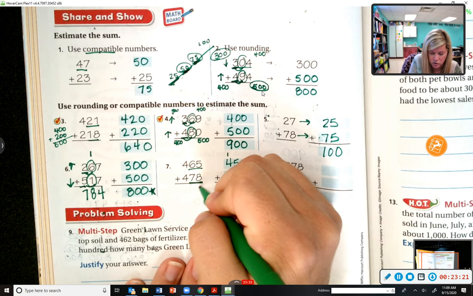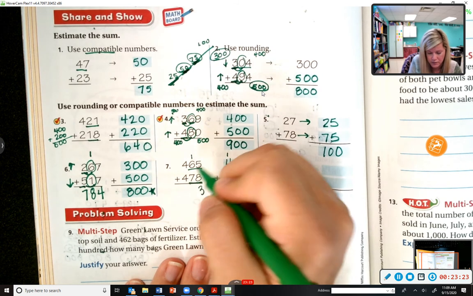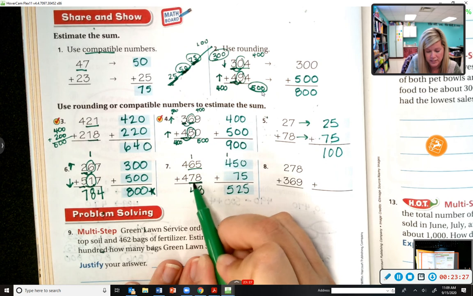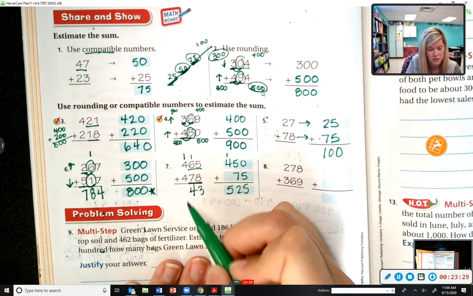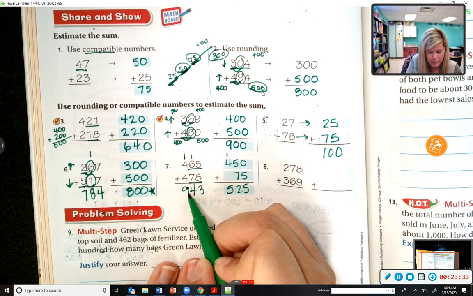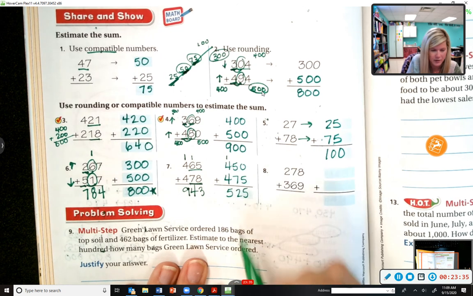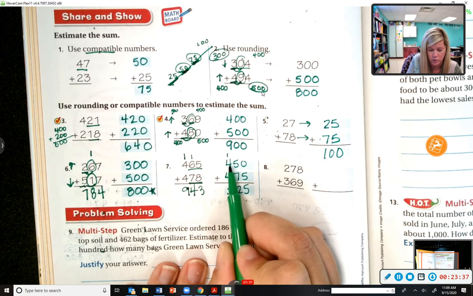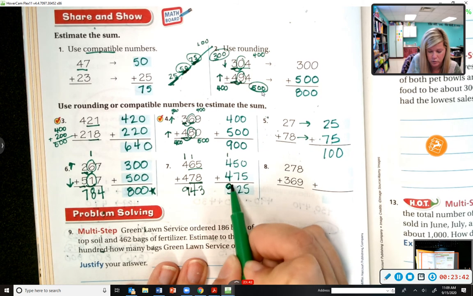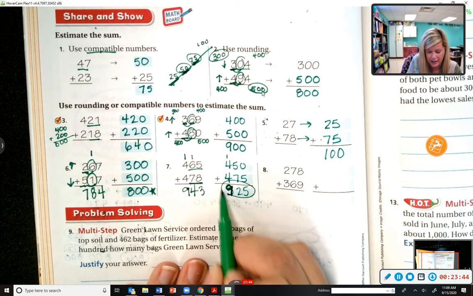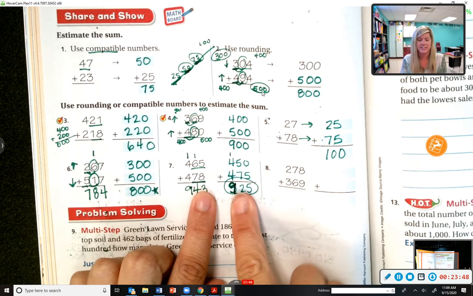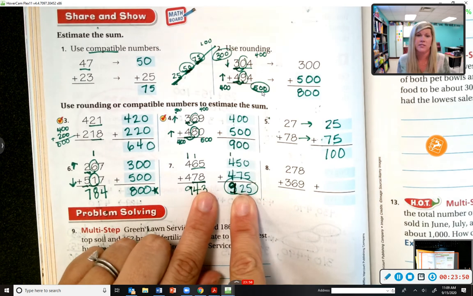5 plus 8 is 13. 6 plus 1 is 7. 7 plus 7 is 14. 1 plus 4 would be 9. Oh, I forgot. Big mistake. So 4 plus 4 is 8. Plus 1 is 9. 925. Okay, now see how actually adding both helped me to realize that my estimate was wrong and I made a mistake there.